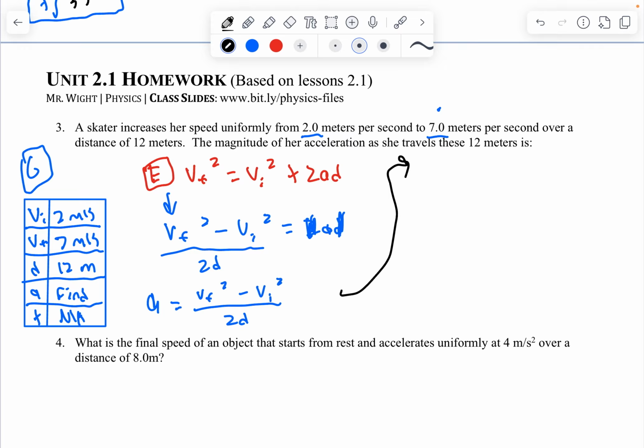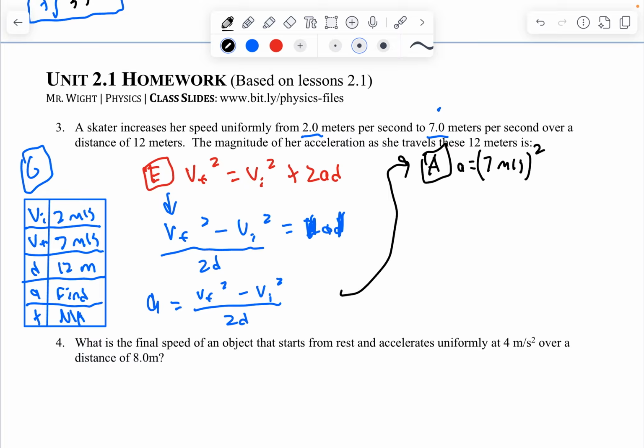Let's bring that up here and solve. Acceleration is equal to, what's the final velocity? 7 meters per second. This is really important: the squared goes outside because it's meters per second and the whole velocity is being squared.